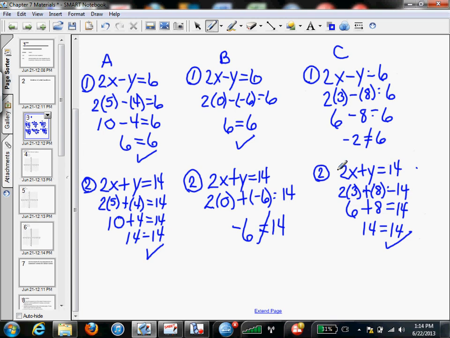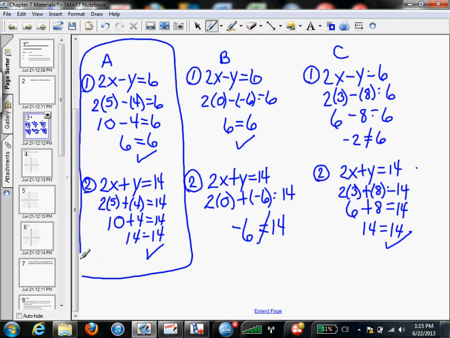So whenever we're looking for solutions to linear systems, we want where we have both check marks. So that means that 5, 4 is the solution to the system of linear equations.